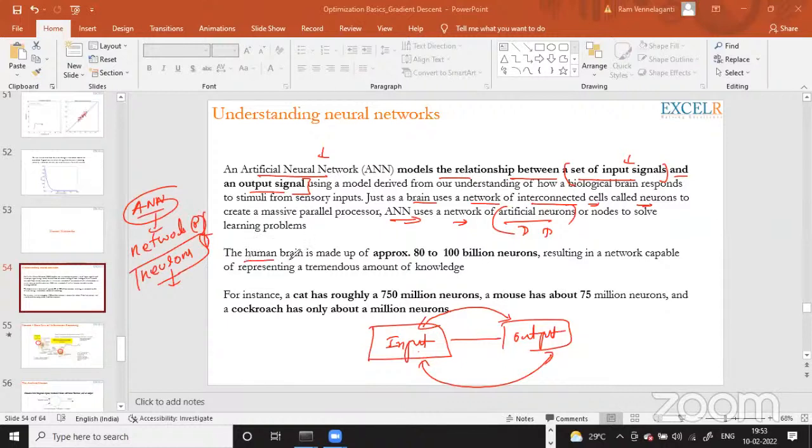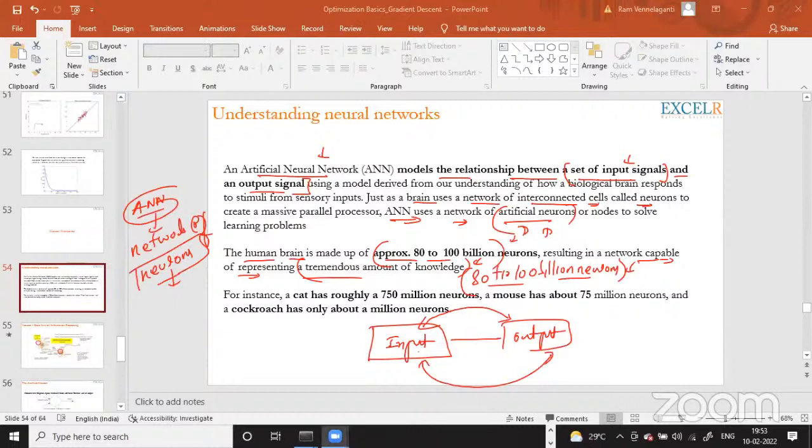Now, the human brain, for instance, is made up of approximately 80 to 100 billion neurons. Then this network is capable of representing a tremendous amount of knowledge.